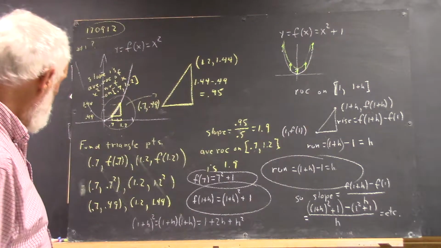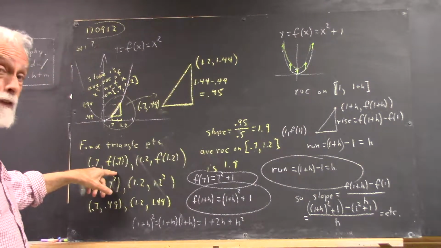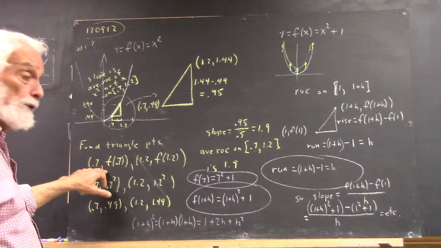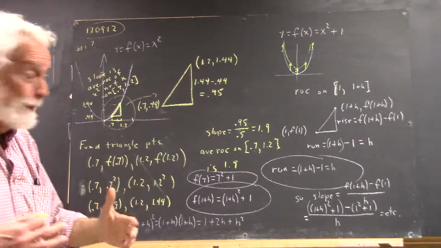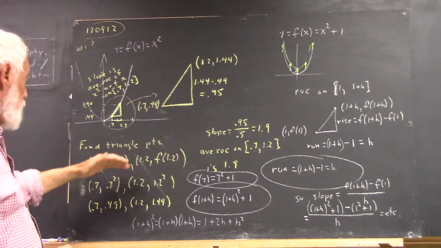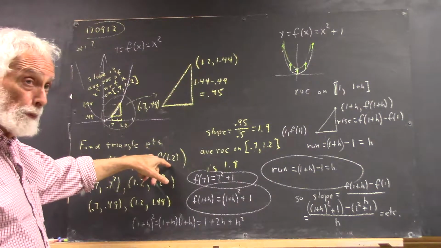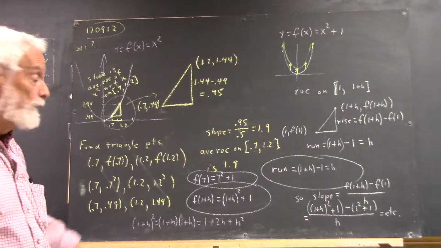What are the coordinates? Well, 0.7, f of 0.7, right? This is an f of x function. Now this is true for any function. It doesn't have to be the x squared function. In the next step, where we start evaluating f of 0.7 and f of 1.2, then we use the specific function.